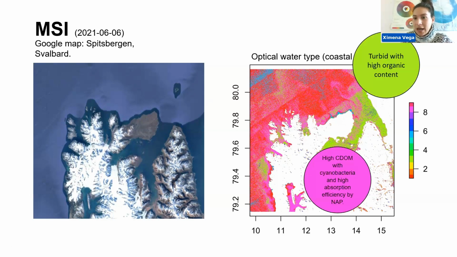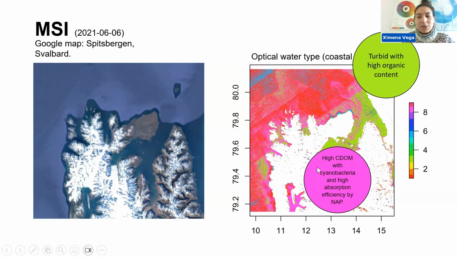And we found, for example, these green colors: we found turbid waters with high organic content. And on the other hand, we also found here in these enclosed fjords, we found a serum with cyanobacteria and high absorption efficiency by NAP. NAP is non-algal particles.